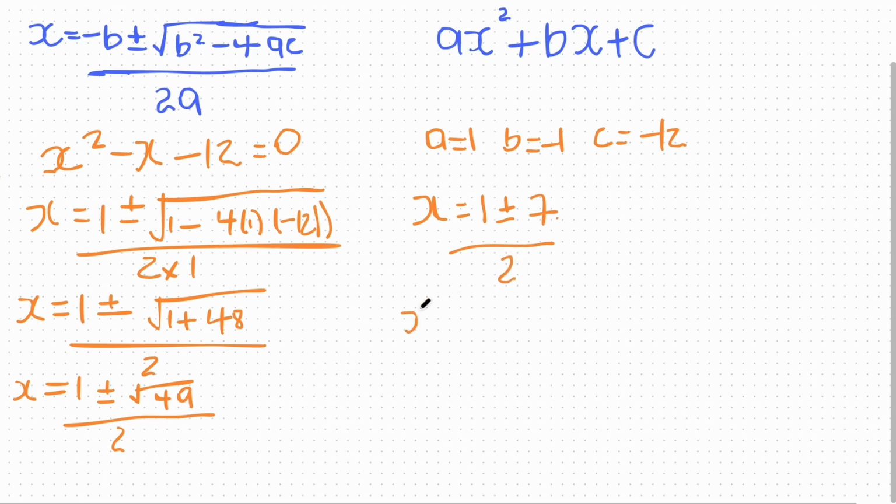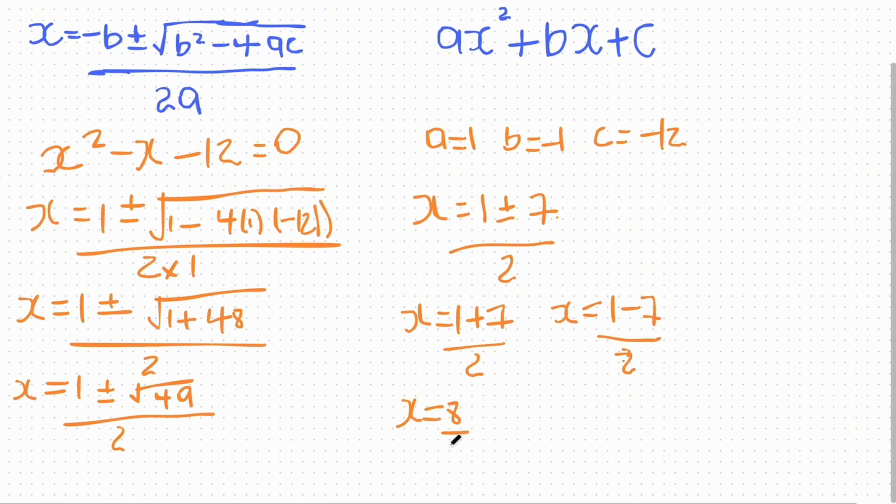So x is equal to 1 plus 7 all over 2, and x is equal to 1 minus 7 all over 2. x is equal to 1 plus 7, 8, divided by 2. 8 divided by 2 gives us 4. x is equal to 1 minus 7, that would be negative 6, divided by 2.